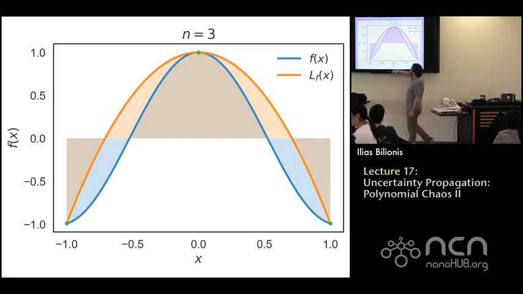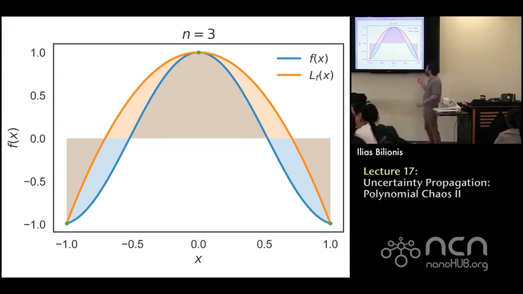So this means that I pick 3 equidistant points, this, and this. I evaluate the function, the right function at these points. These are the green dots. Then I take the Lagrange polynomial. The Lagrange polynomial is the orange line, and I'm going to approximate the blue shaded area with the orange shaded area.